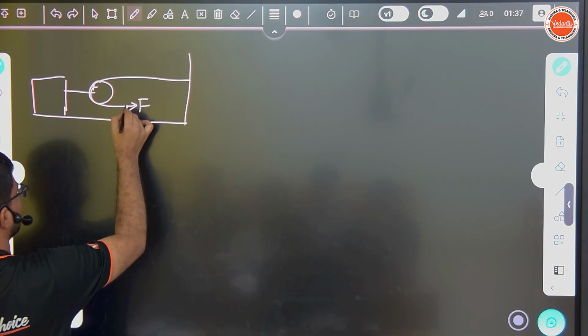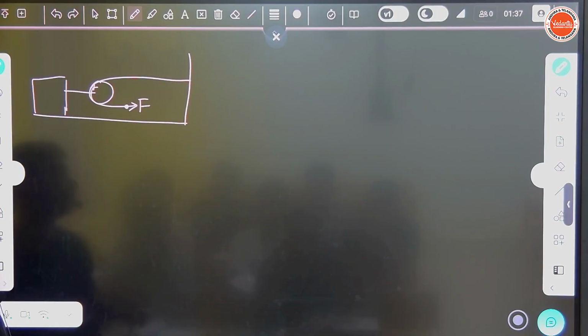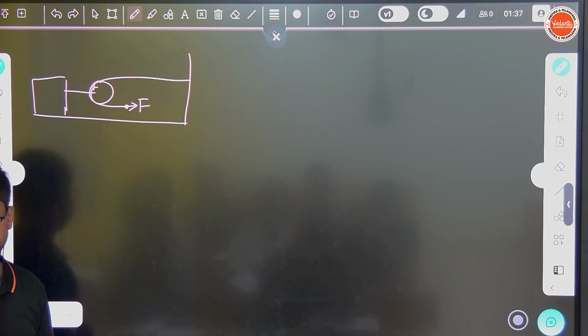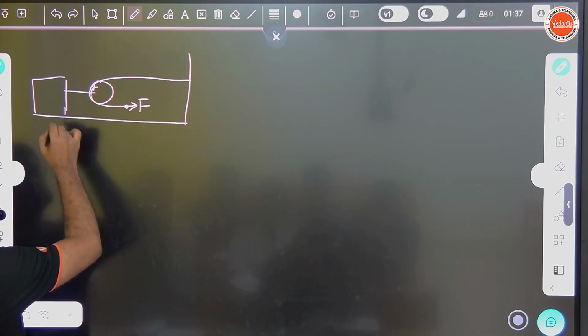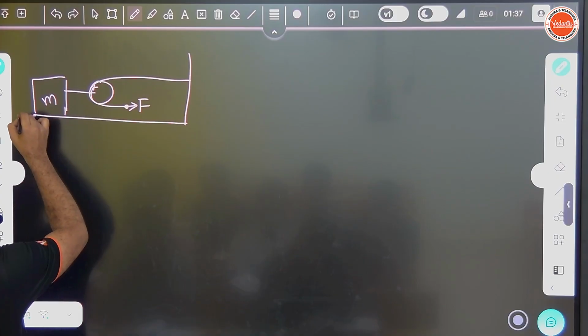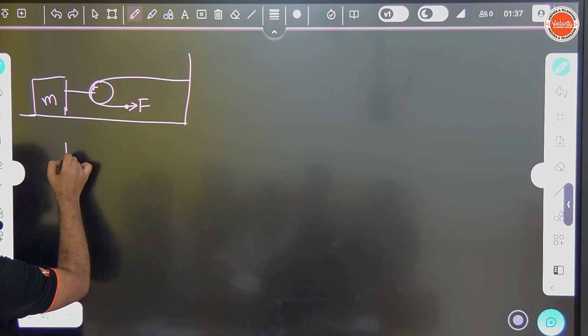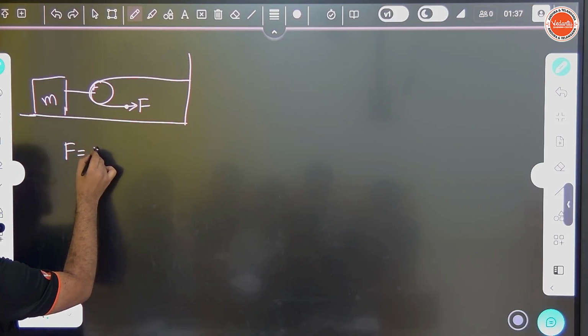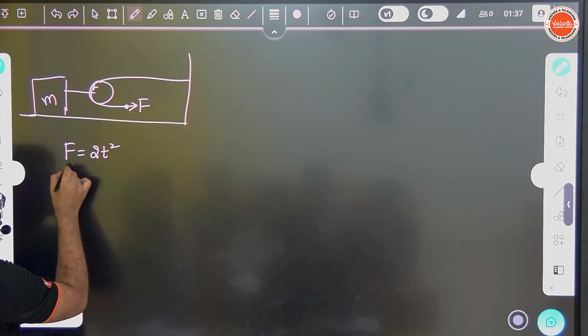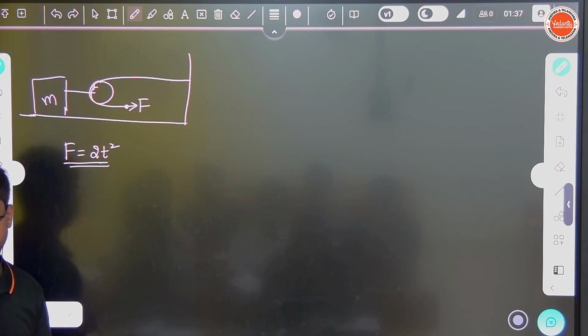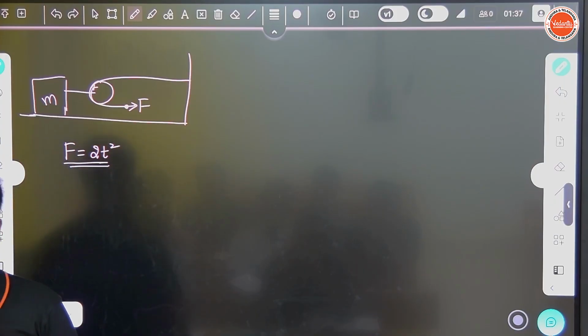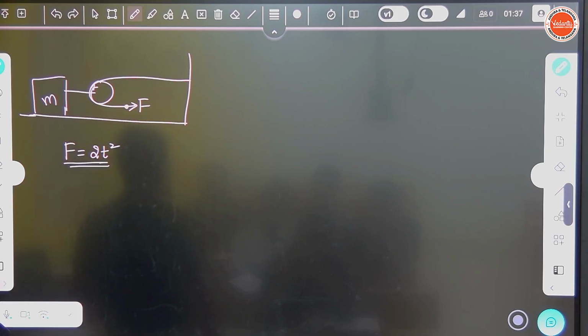And I'm applying a force on this point of the pulley here, right? Let us say mass of this one is some m here, right? And it is given that this force is equal to 2t square. Force is a function of time, which is equal to 2t square here.